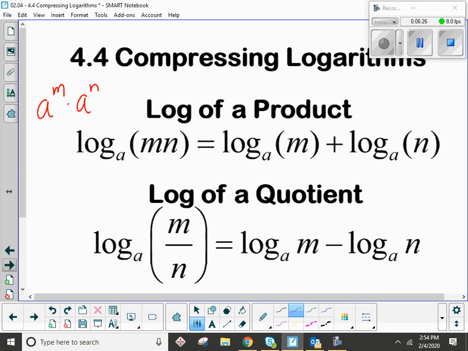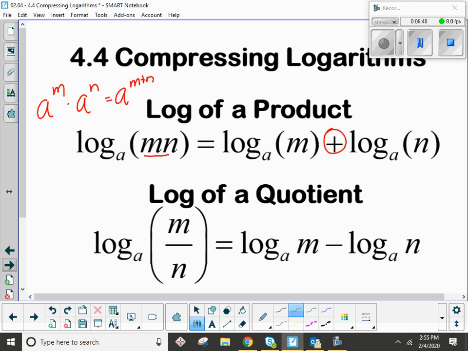You add them, right? We talked about this last week. Well, this is kind of like that. If you're taking the log of 2 things being multiplied, a product, you can break it up into 2 separate logs that are being added. And that's called log of a product. Okay?